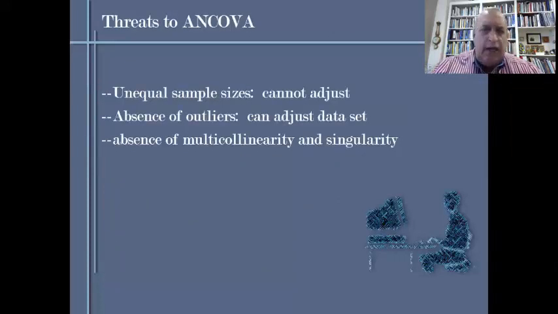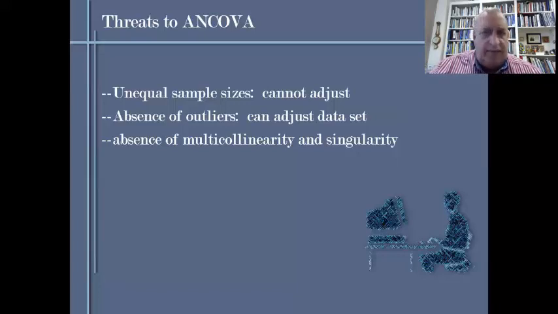Now, what are some threats to ANCOVA? You may have unequal sample sizes. Once you've collected your data and you have unequal sample sizes, you cannot adjust that, so you would have to go to some other type of mathematical manipulation or statistic to come up with your answer. You need the absence of outliers, and this you can adjust in your data set; part of the way we do that is transformations to deal with those outliers.